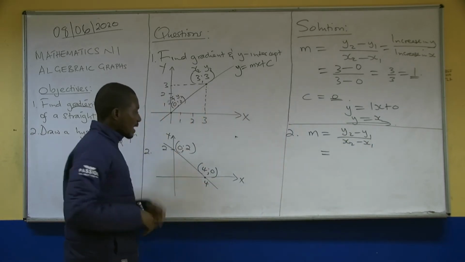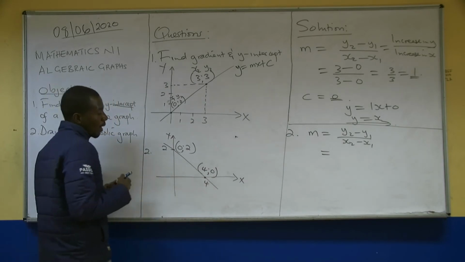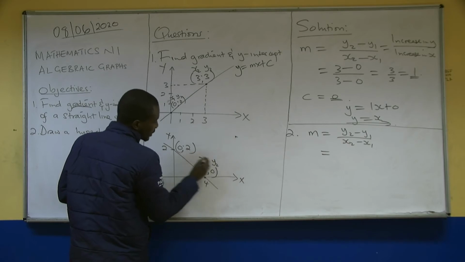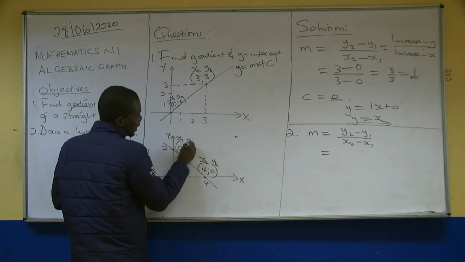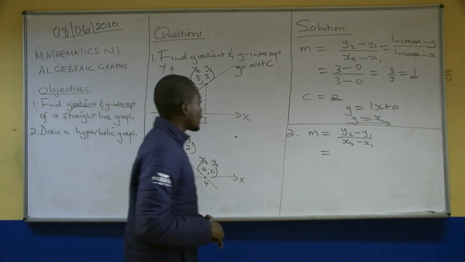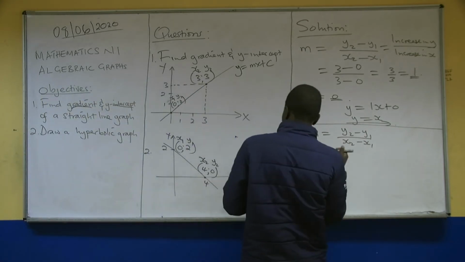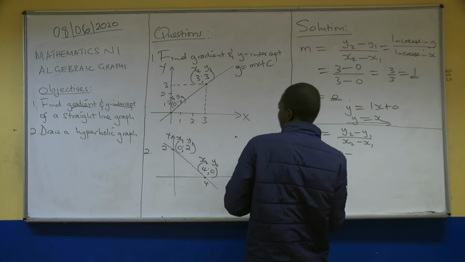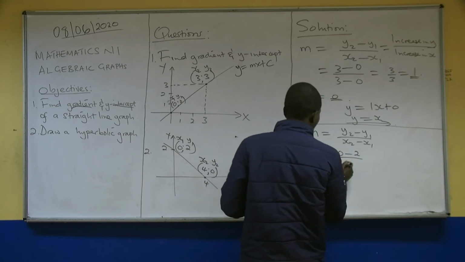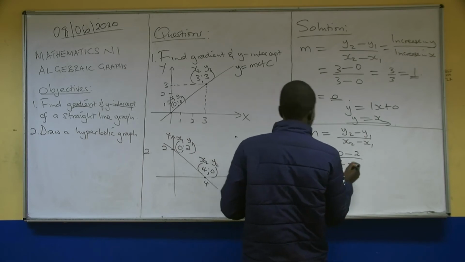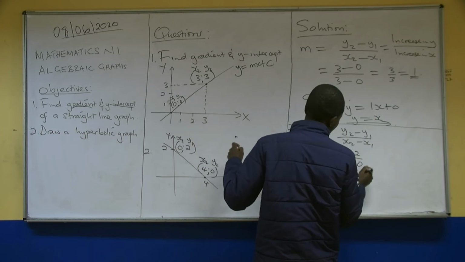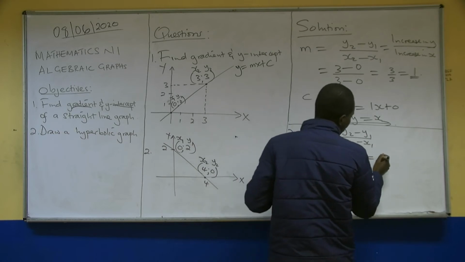You label whichever point as you desire to make it your x2, y2. So I'll choose this one as x2, y2, then x1, y1. It doesn't matter which point you choose, the answer will remain the same. So in that case, our y2 is 0, minus y1 which is 2, over x2 which is 4, minus x1 which is 0.